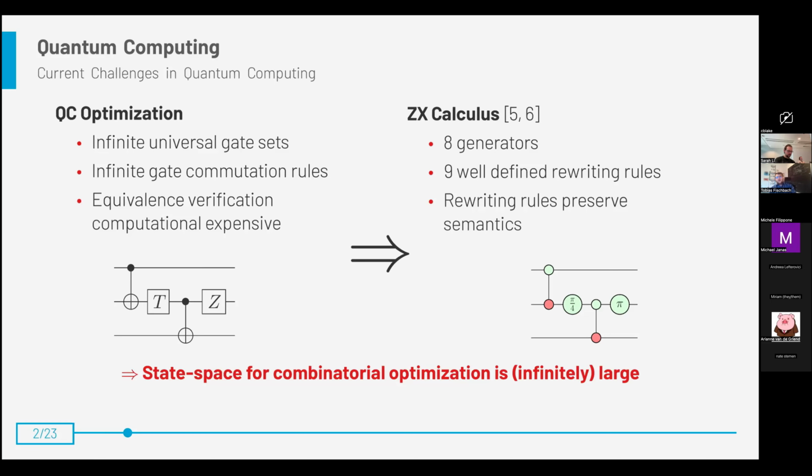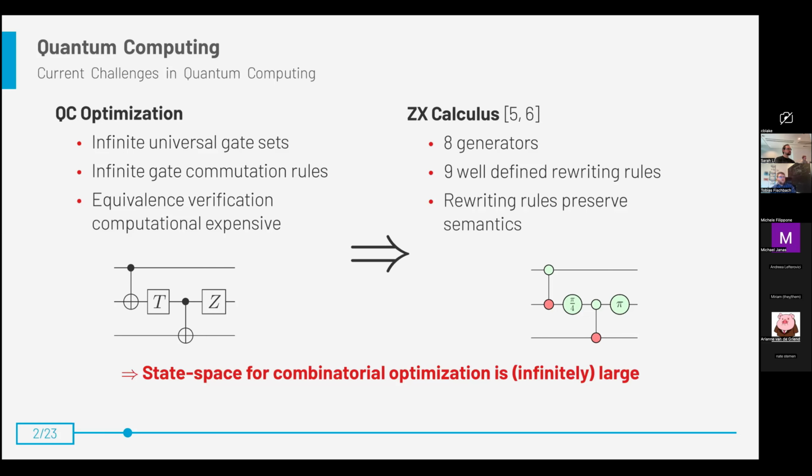And the nice thing about the ZX calculus is that we have a really compact system. We only have a few generators. We have some well-defined rewriting rules that preserve the semantics. On the one hand, this is really attractive because it's a compact system that we play with. However, on the other hand, the ZX calculus is a non-terminating rewriting system.